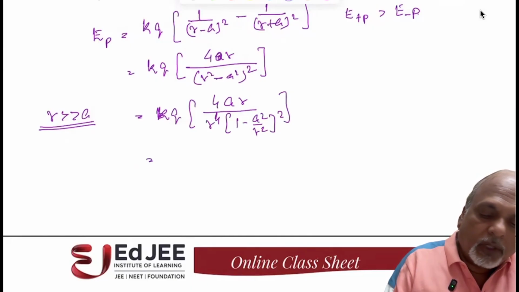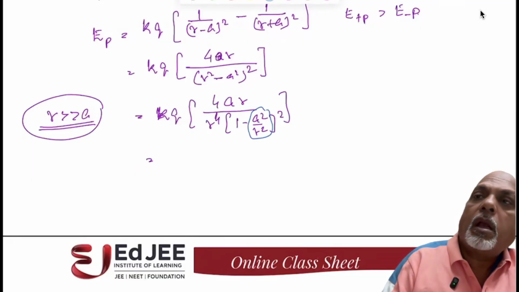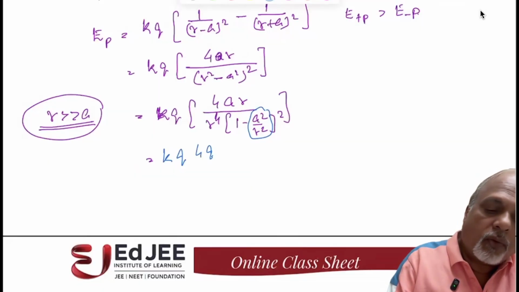Or this can be simply, since r is quite greater than a, this factor will be very less. So we can write this as KQ 4a upon r cube.